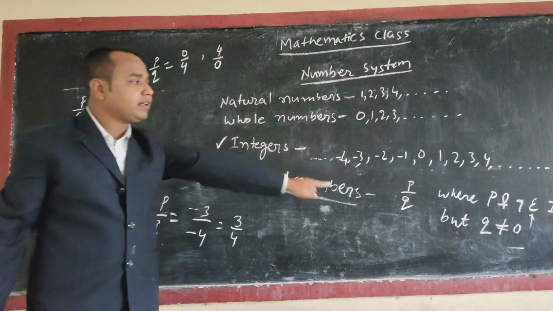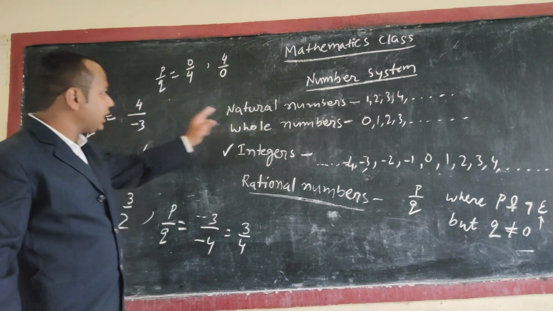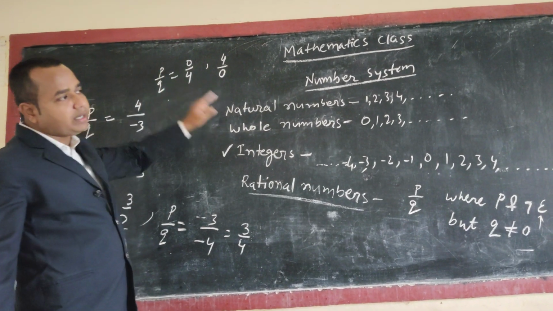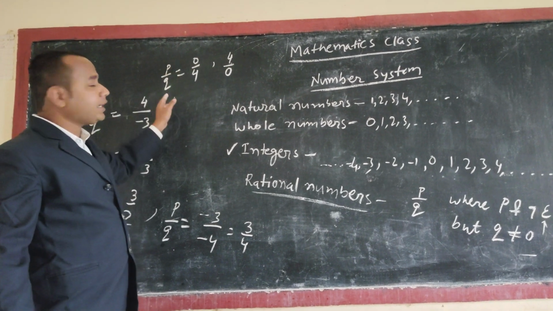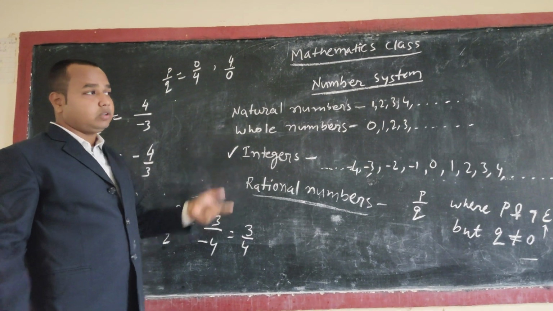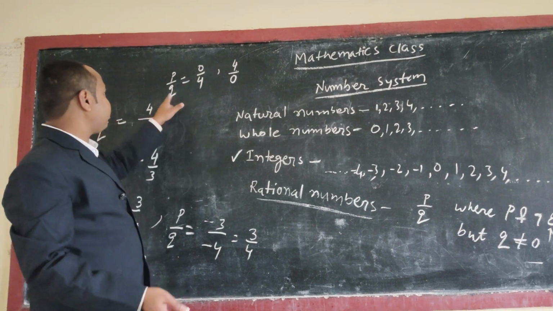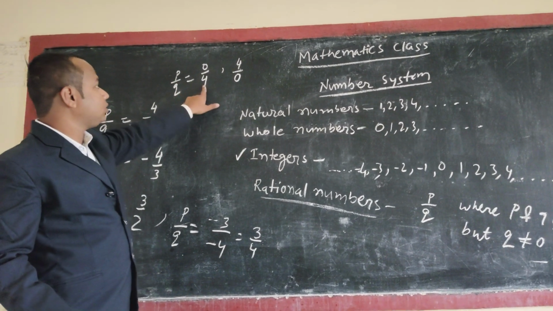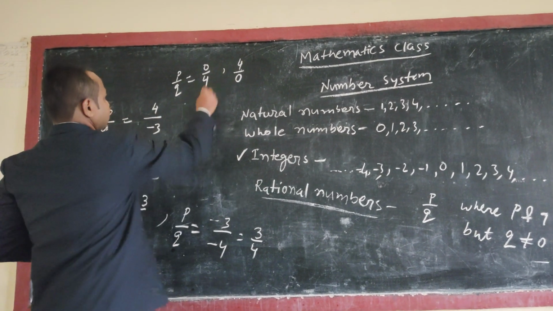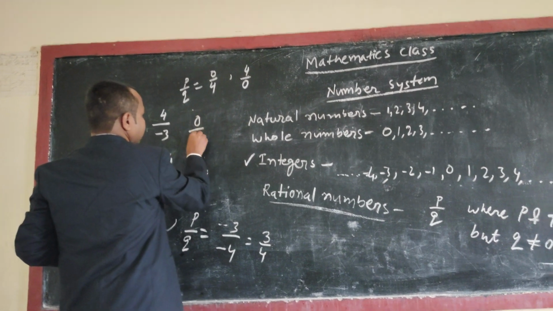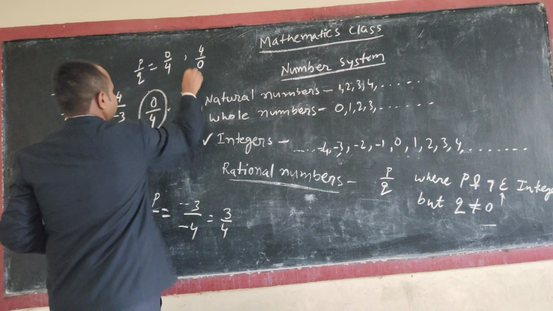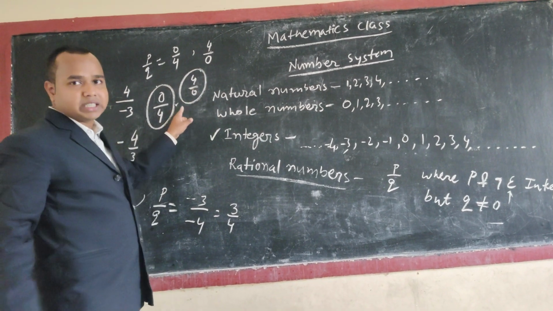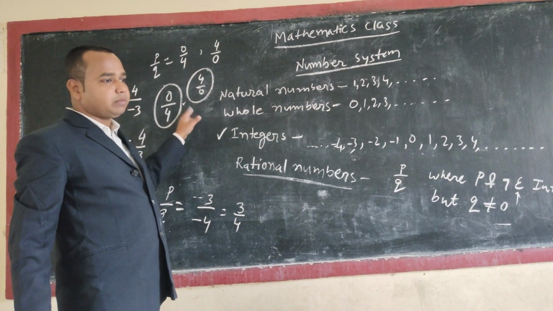Here it is not written that p cannot be 0. You can take 0 as a value of p. So p equals 0 and q equals 4, so 0 by 4 is a rational number, but 4 by 0 is not. We will discuss it later.